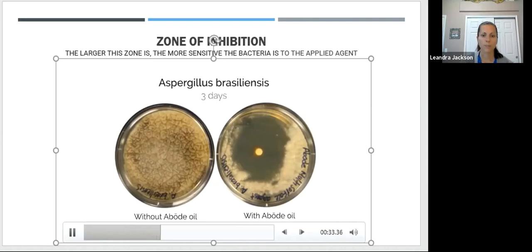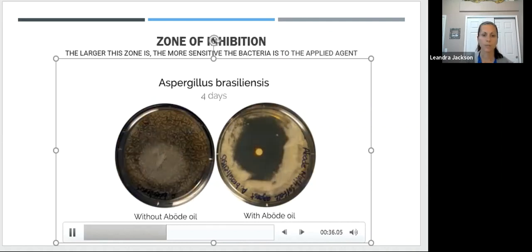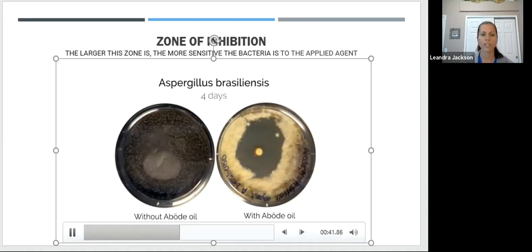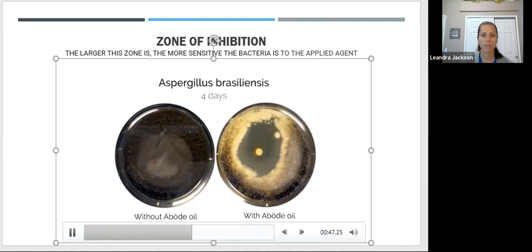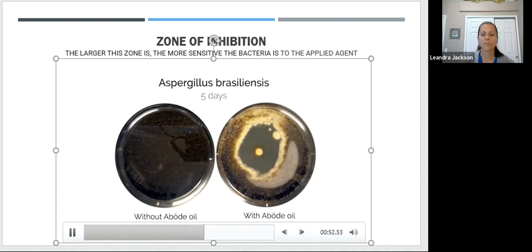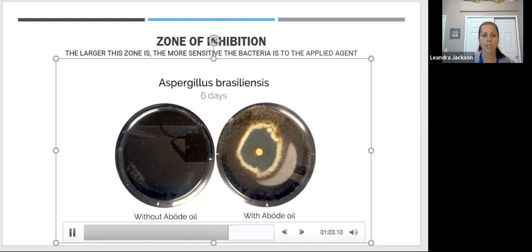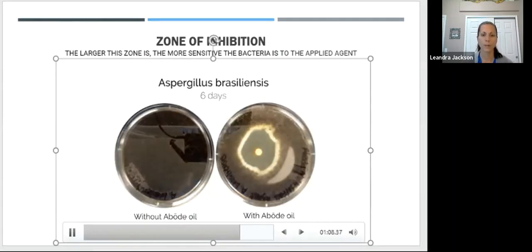And day 3 on the left is getting pretty overgrown in like mold spores. Day 4, and you see this ring right here? This is actually called the zone of inhibition. And this is how studies will determine if like antibiotics are good for certain bacteria or mold or anything like that. And the bigger the zone of inhibition, the stronger the oil or antibiotic or whatever they put in there is to keep it away.